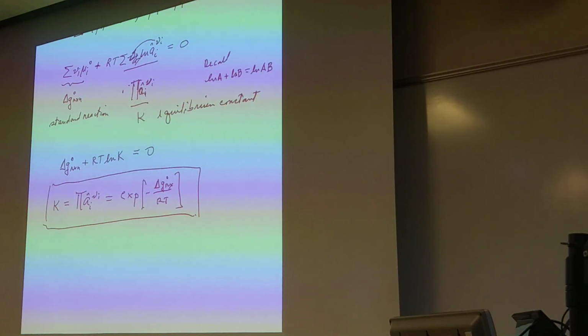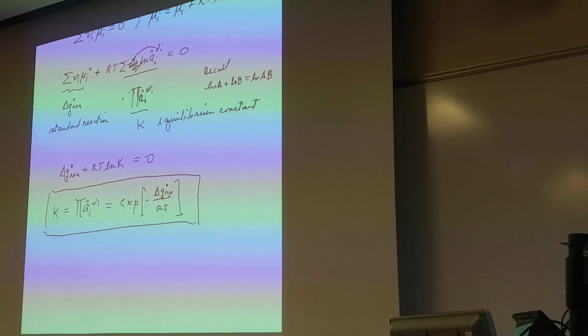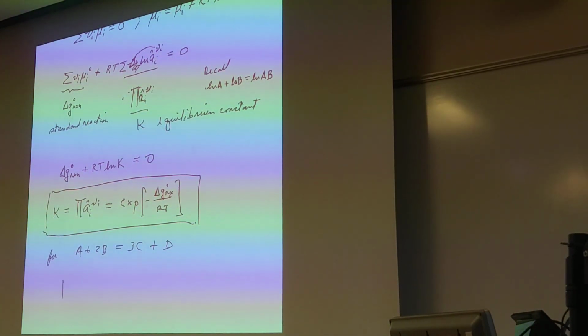Now just to illustrate it here, we have the composition and pressure involved over in this term that involves the equilibrium constant. And over here we have, just for the standard reaction, a quantity that's going to allow us to evaluate K at the desired temperature. Just to illustrate this for the reaction that I've been using, let's just write out what K is here.